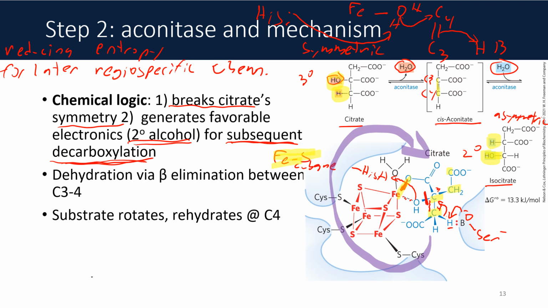It actually serves as a cellular sensor for oxidative stress. So aconitase moonlights as an ROS sensor and CAC enzyme.